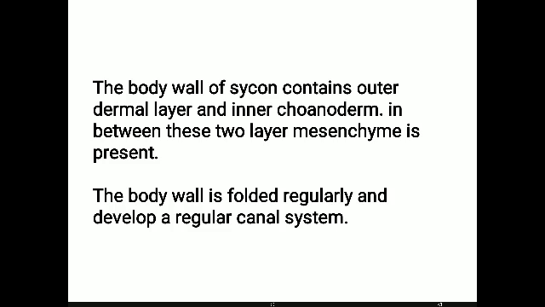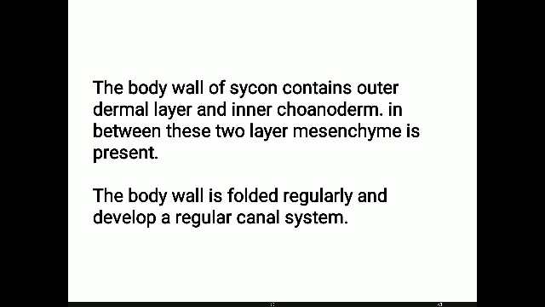The body wall of Sycon contains an outer dermal layer and an inner choanoderm. As I told you in the general characters, it is two layers: the outer pinacoderm and the inner choanoderm. The pinacoderm is made up of pinacocytes, and the inner choanoderm is made up of specialized flagellated cells called choanocytes.